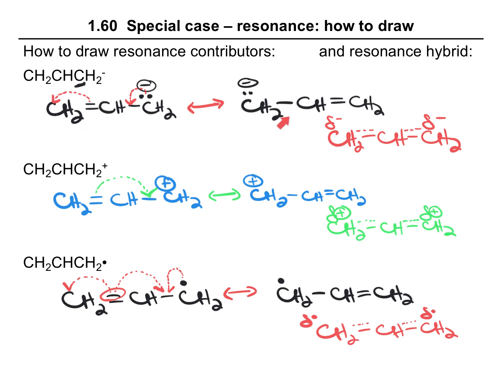So a few more examples, and we walked through how to go from one to the next one to be able to draw additional resonance structures. And then once we have our multiple resonance structures, how do we draw our hybrid?